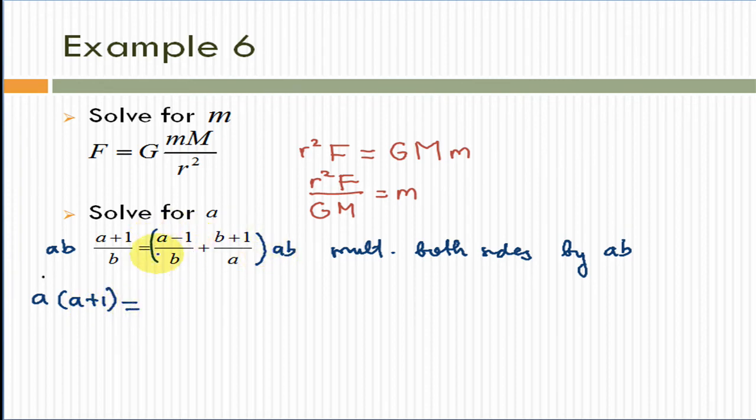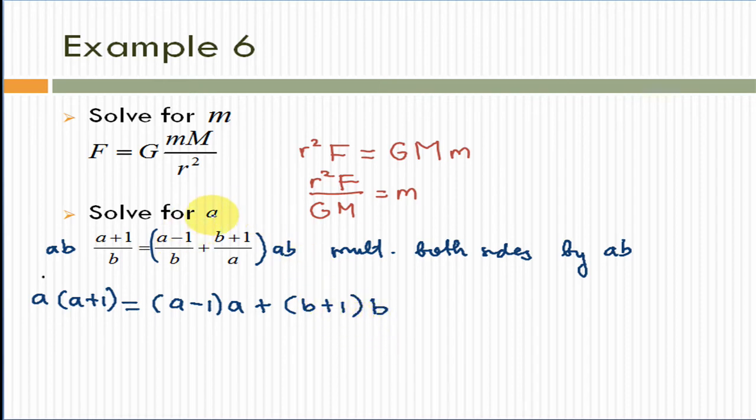Now when we multiply this term with ab, we cancel the b to get this times a minus 1 times a, plus when we multiply this with ab, we cancel the a to get b plus 1 times b.